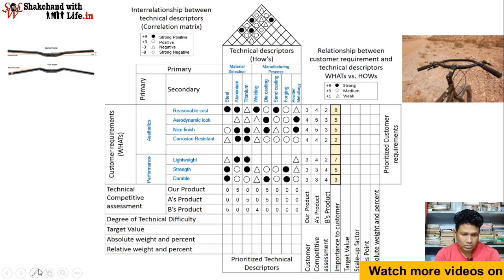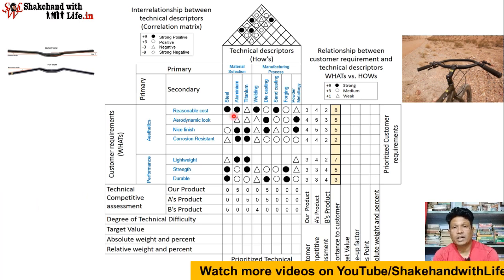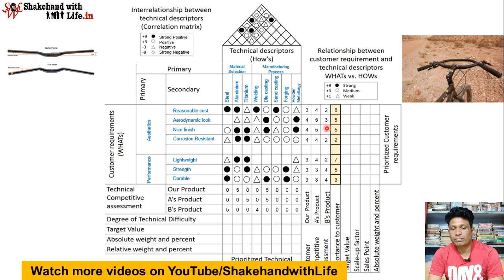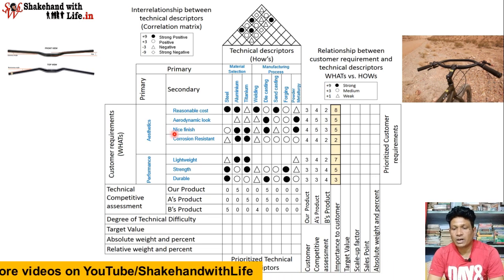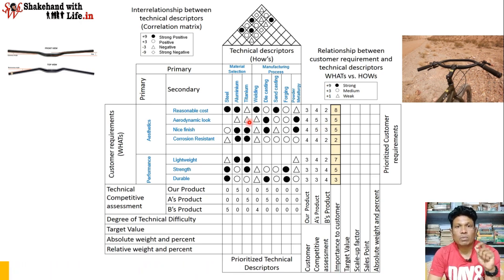Okay, so reasonable cost has a rating of 8, aerodynamic look has a rating of 5, nice finish has a rating of 5 according to the importance to customer. So here we can see that reasonable cost is the most important characteristic for the customer.